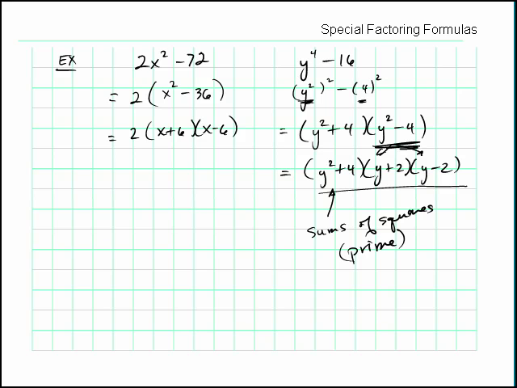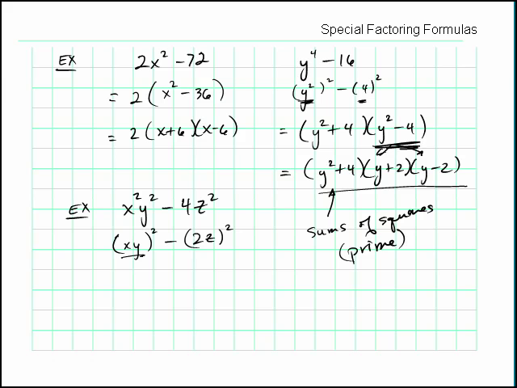Okay, one more of these difference of squares here. x squared y squared minus 4z squared. Okay, we're going to write this as xy quantity squared minus 2z quantity squared.